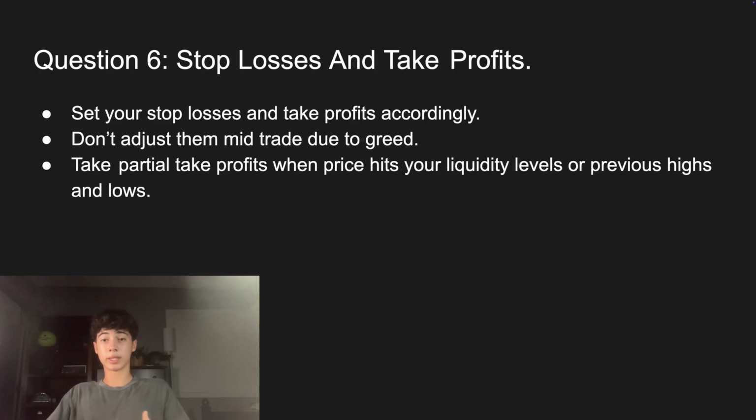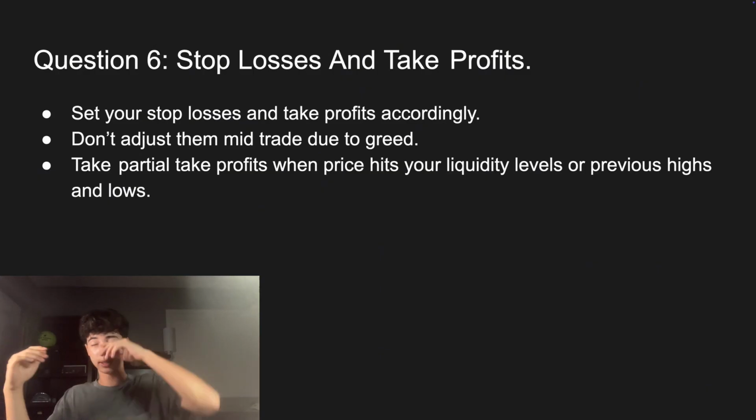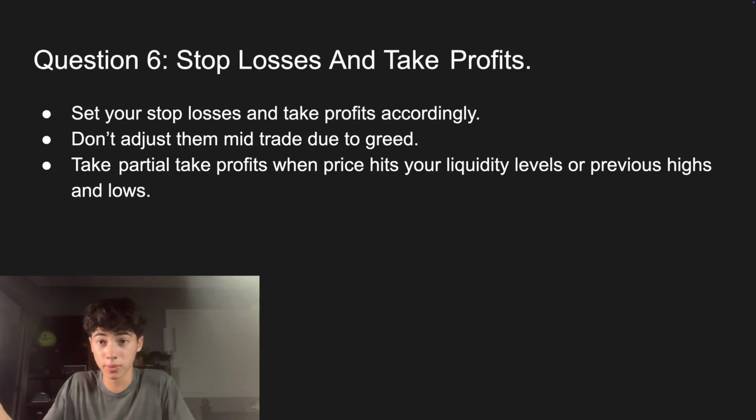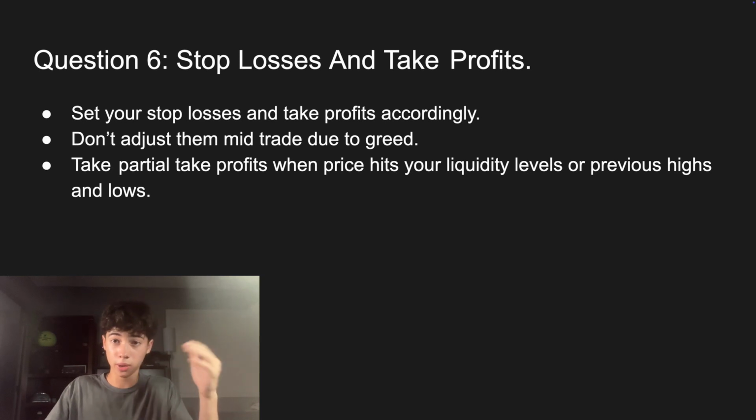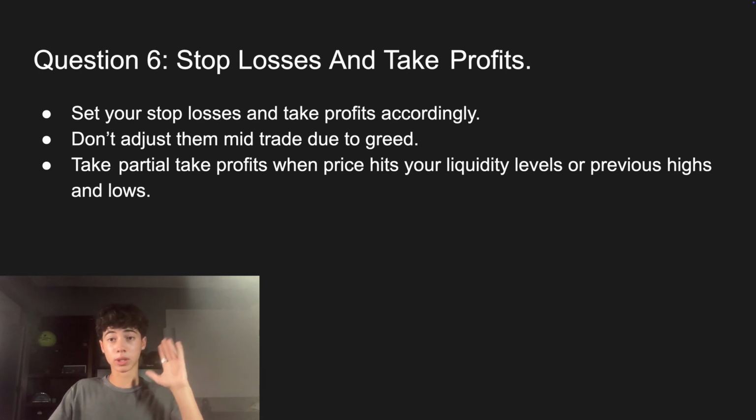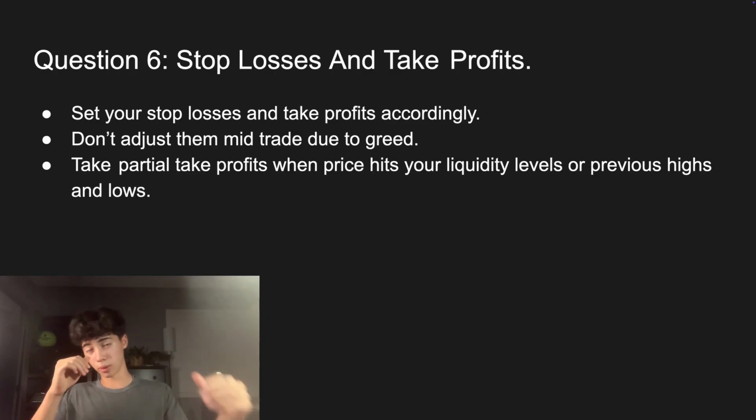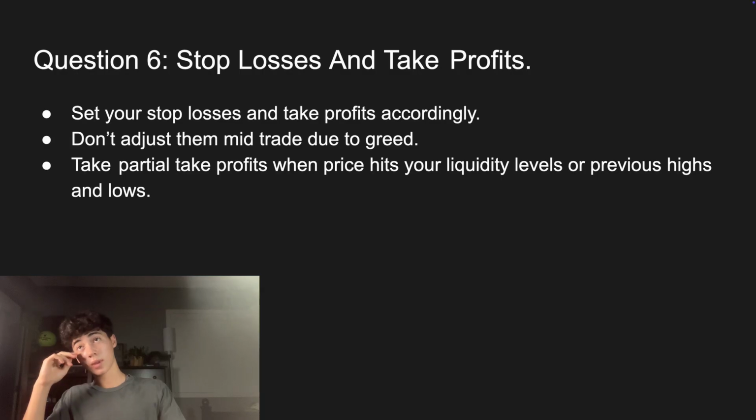And then take profits when price hits your liquidity levels or previous highs and lows. What that means, as it says there, is when price hits a previous high or low, sell 25% of your original buy or sell, right?